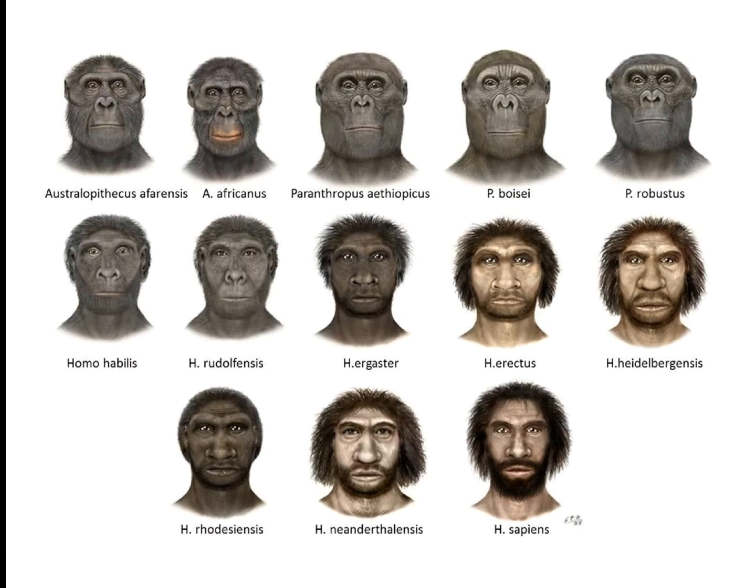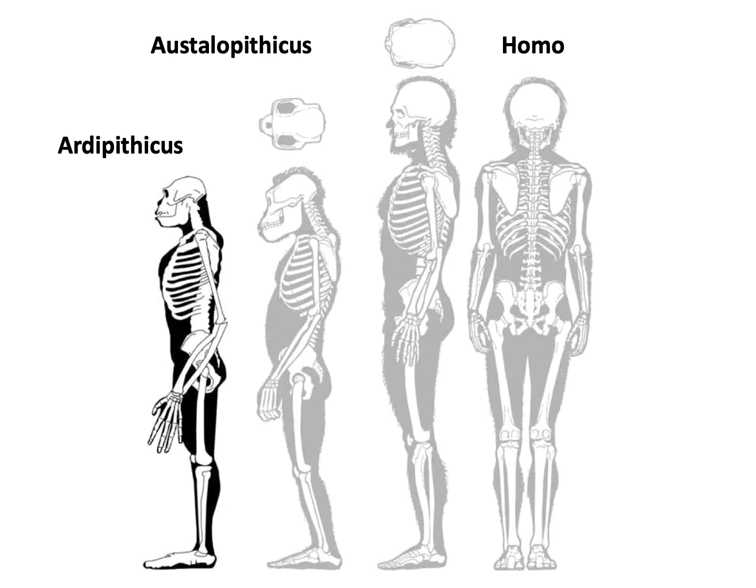So in the next few slides, I just want to discuss a bit about the stature and other characters of some of these species. Here are a few comparative profiles and a little bit on the skull structure or brain cavity as well, showing that Ardipithecus and Australopithecus were about a foot or so shorter than modern humans. And also the brain case, where their brain was a lot smaller as well.